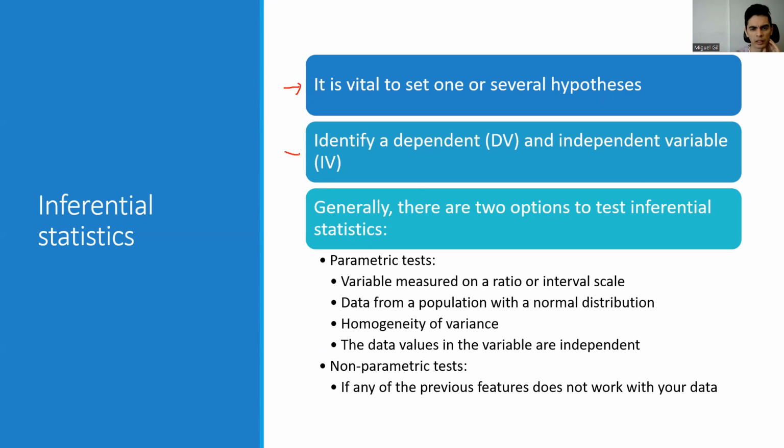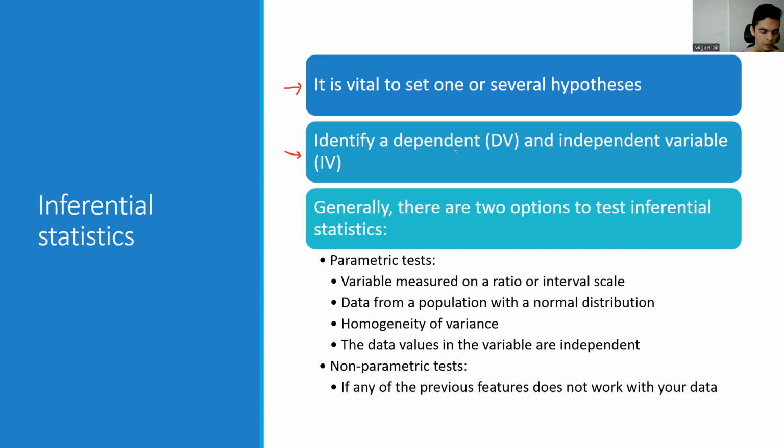The next thing is that you should try to think if it is possible to understand which variable affects the other. The dependent variable is the variable that will be affected by the other variable. The independent variable is the one that you can manipulate or that can change, and the other one will change depending on what you do with the independent variable.